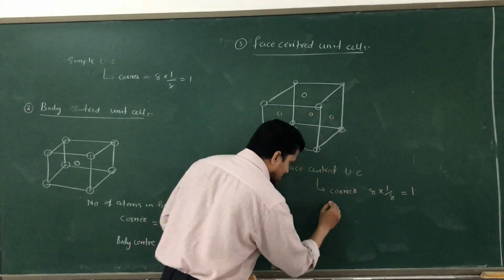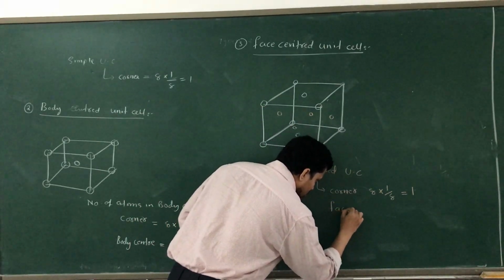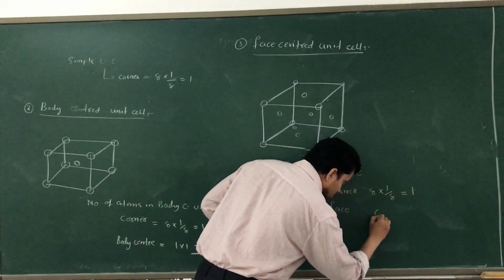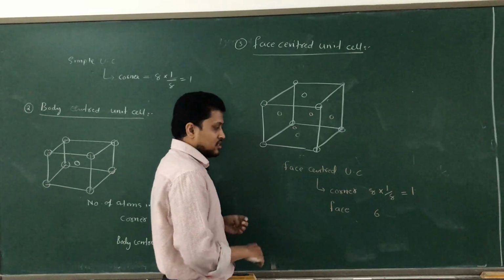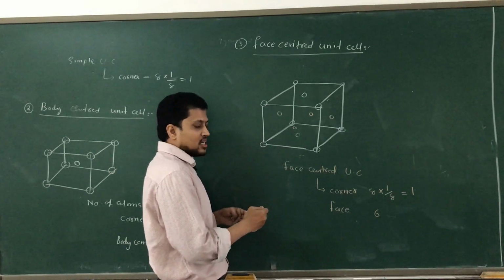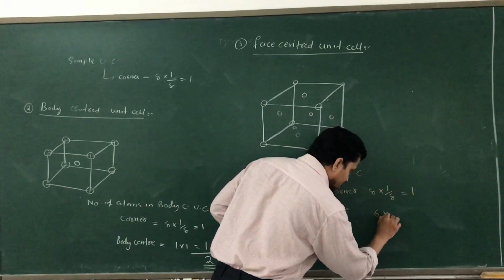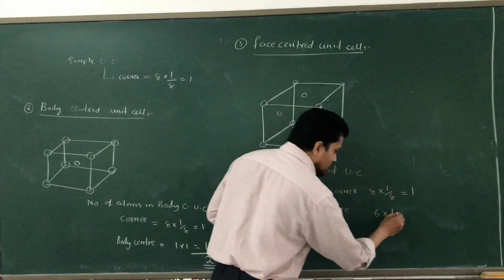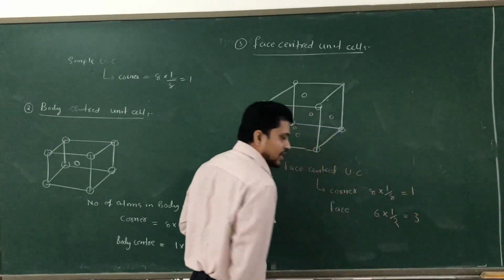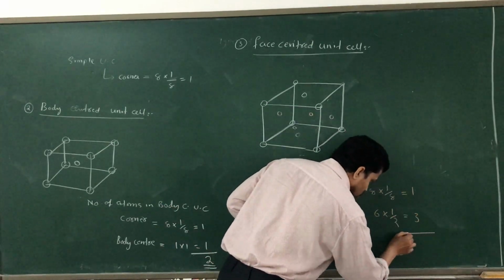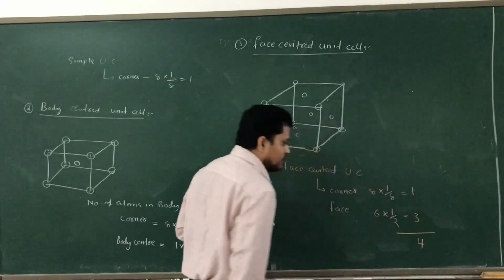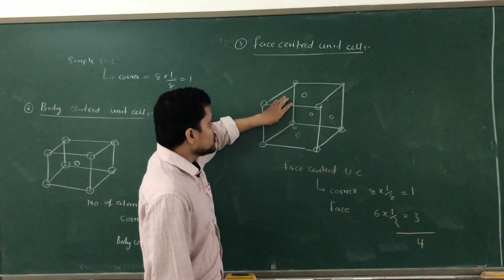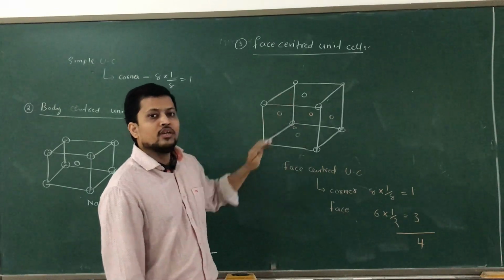And now what about the face? We have a total of 6 faces, so 6 atoms in the faces, and each atom shares 1/2 of its part with this particular cell. Then it becomes 3 if we calculate. So the total atoms we get is equal to 4.